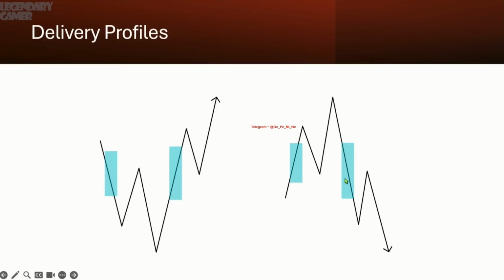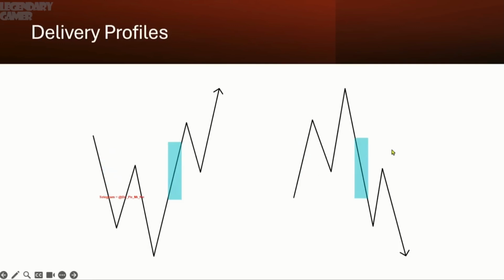Because this CB has to get repriced into, and the moment we trade away from it, right here, we rebalanced that area. So the imbalance gets rebalanced the moment that we trade away from it, and that's very important to understand. The retracement into an imbalanced price range is repricing, but the move away from the imbalanced price range is the rebalancing aspect.